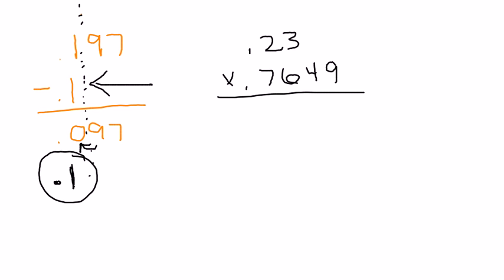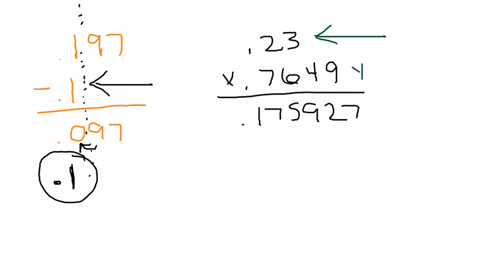And what I get here is 0.175927. And that's all fine and good, but remember, you're smarter than your calculator here. Your answer should have as many significant digits as the original number with the fewest. In this case, for us, that's going to be this 0.23.